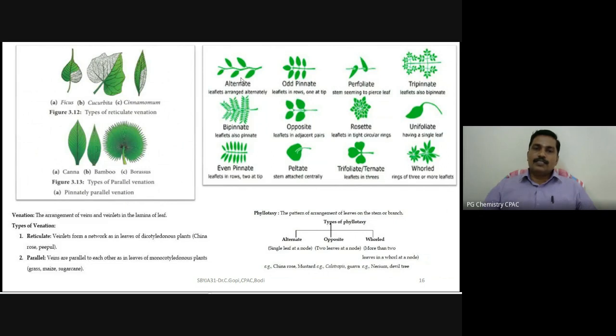You see, one leaf is above another, above another. Likewise, leaves are arranged one above one. That is called alternate arrangement. And if you find the leaflets in rows, opposite, opposite, continuously, that is odd pinnate.